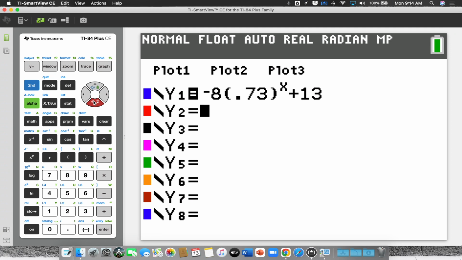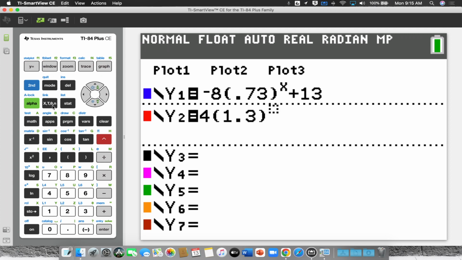Okay. z of t is 4 times 1.3 to the t power. We're going to graph those.